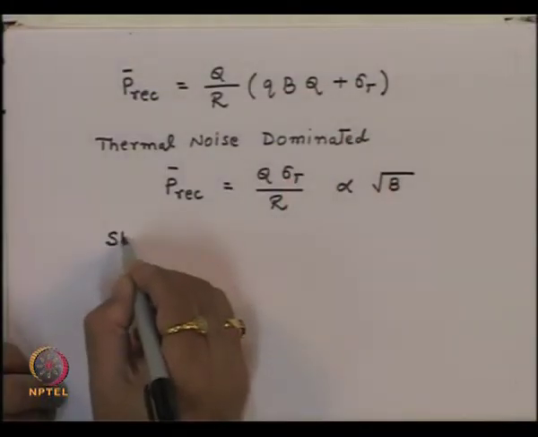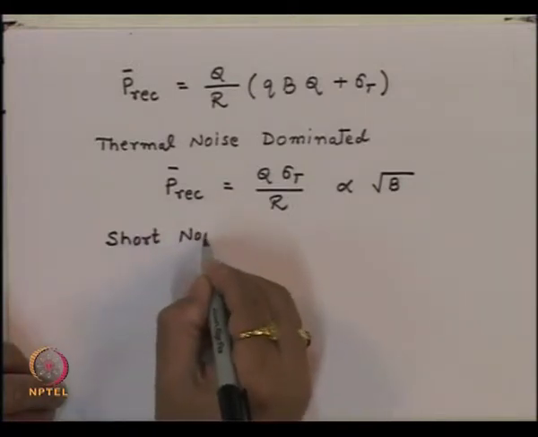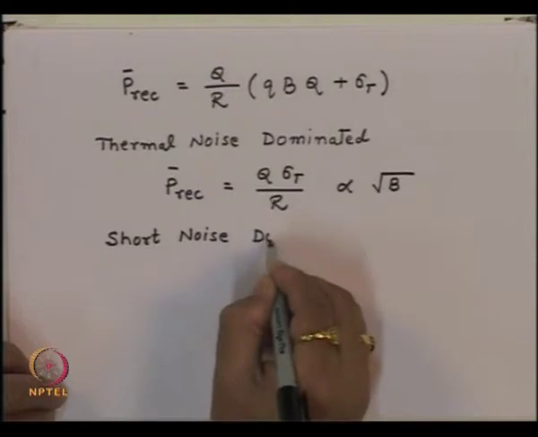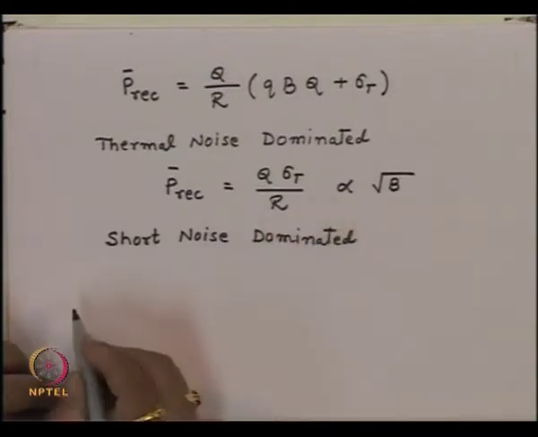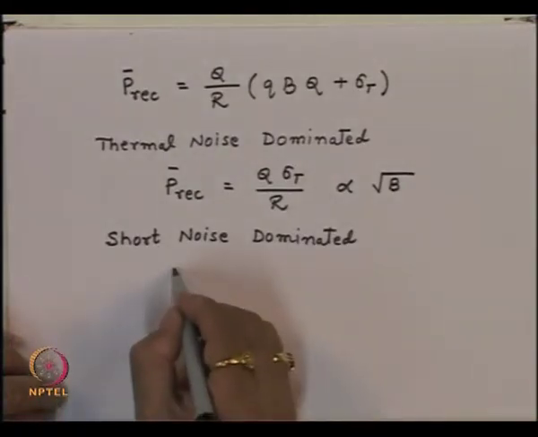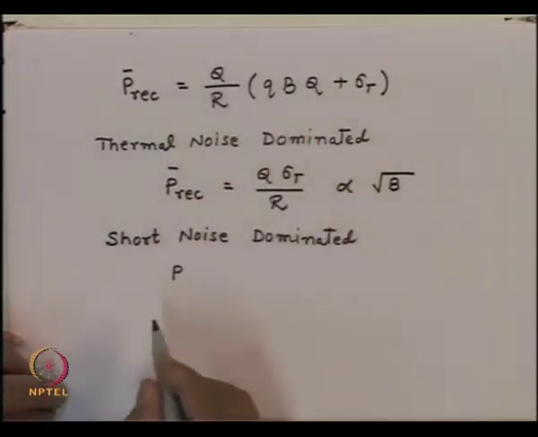So, we have the second limit, which will be shot noise dominated, and in this case this term is negligible now. So, we can get this quantity.